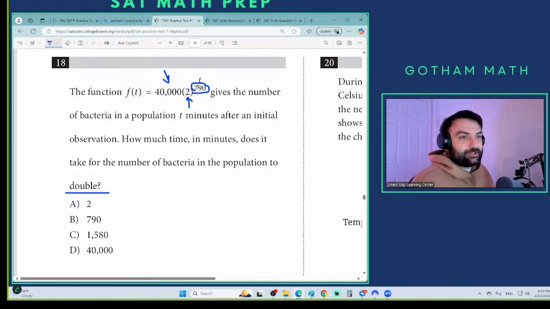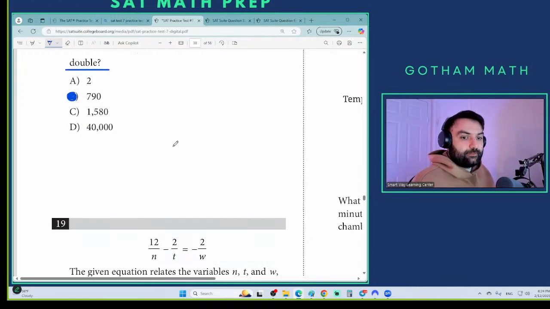That's just like I said, straight up theory. It's t over the amount of minutes, or sometimes the amount of hours. It's t over the time it takes to double. So the answer is B here. Okay. Next.